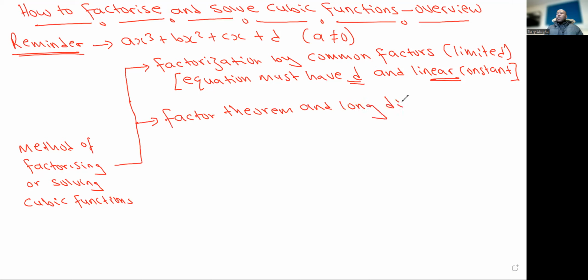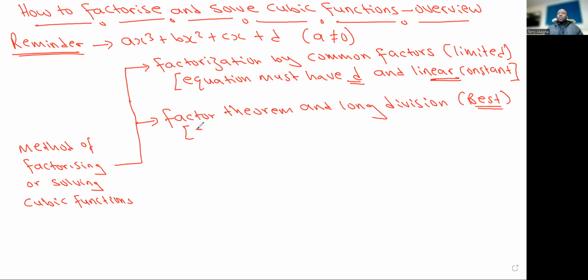Okay, the second method is the factor theorem and long division. Now, this is basically the best, okay? But the only problem with this is that it's a very long method, all right? But if you use this method, you will definitely get the answer.